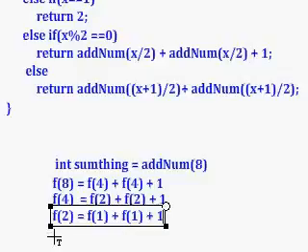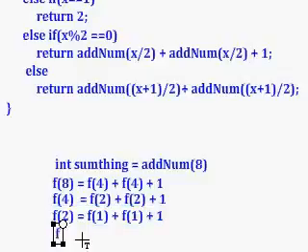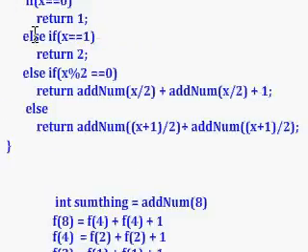And then finally, f of 1. You'd be like, oh well, that's just f of 1 over 2 plus f of 1 over 2, and no, scroll up here if you can't see that. That is the else if x equals 1, and it returns 2. That's the base case.